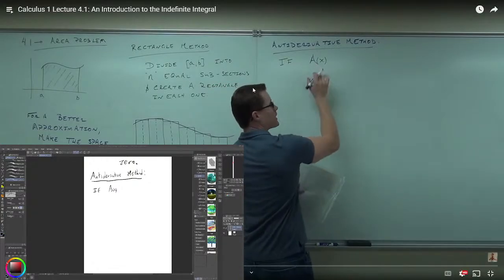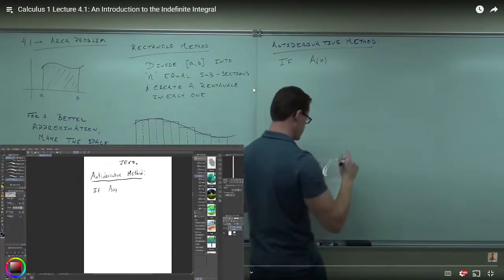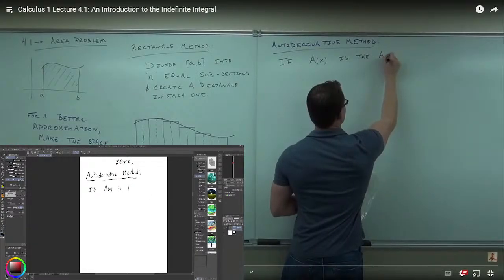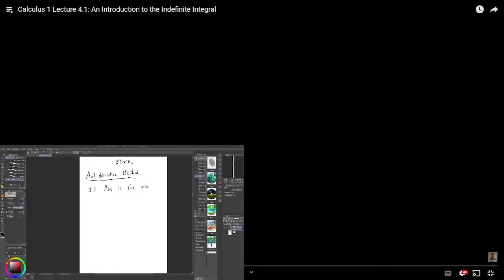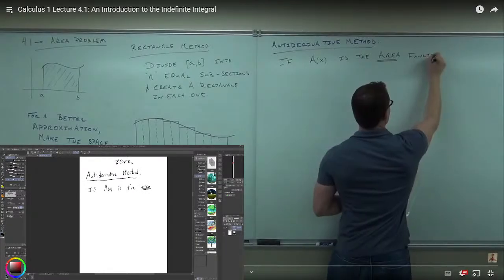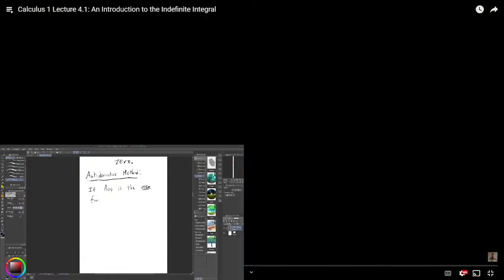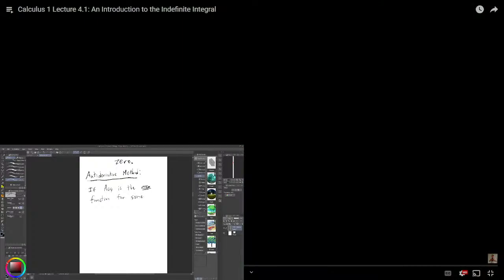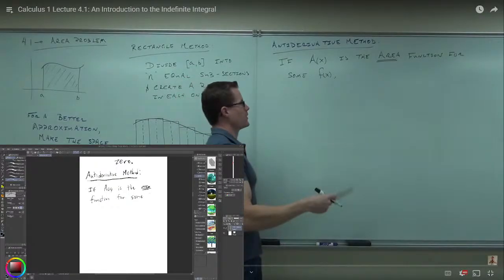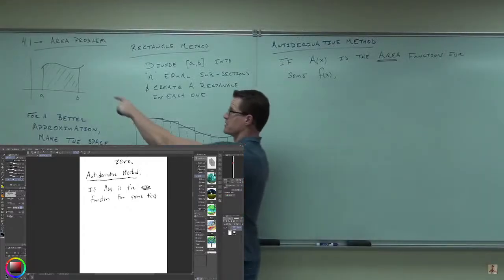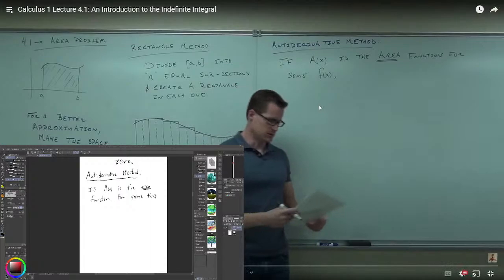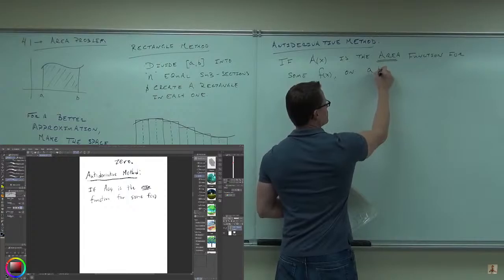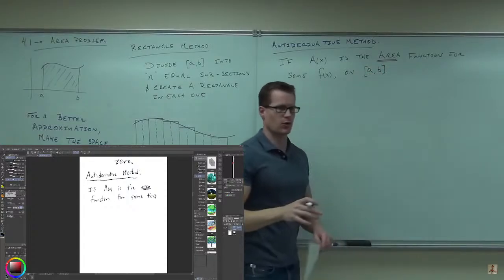If A of x stands for the area under a curve for some function, if A of x is the area function for some f of x, some curve like this, on some interval. I've got to give you an interval, otherwise you can't find an area.